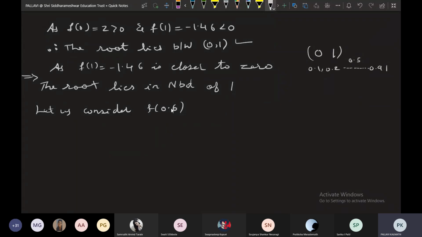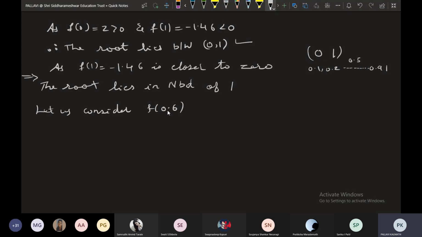So we have considered f of 0.6. Why 0.6 only? Because neighborhood of means you should start at least with the point after 0.5. So you can check for 0.6 and then 0.7.